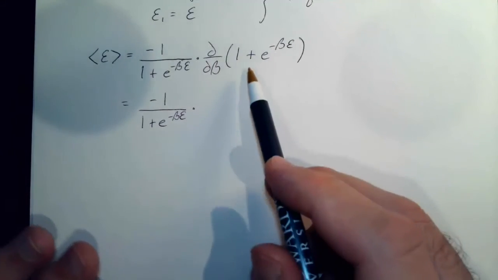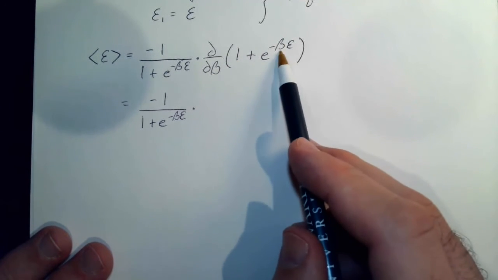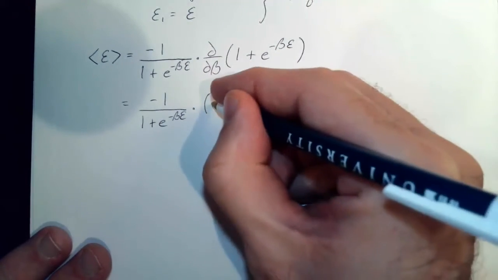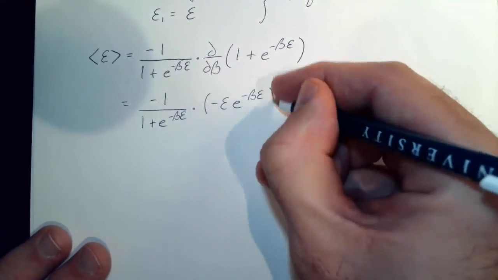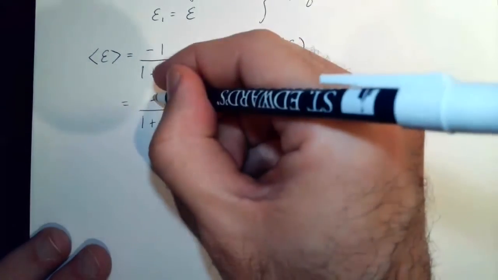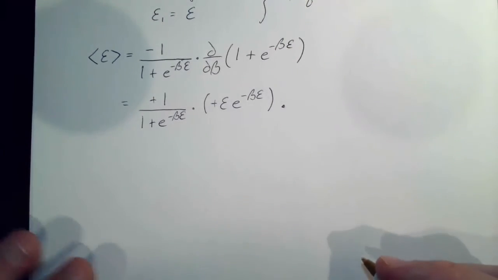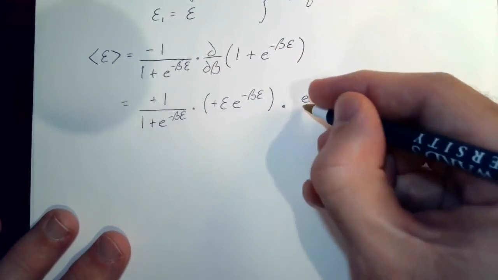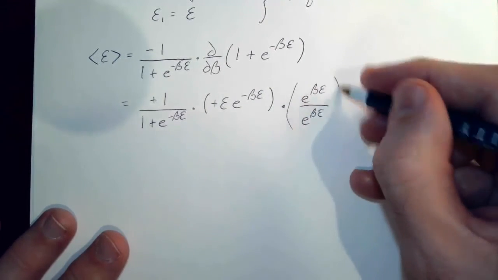All right, let's calculate this derivative. So the derivative of the 1 is just 0. And the derivative of this term with respect to beta is going to pull down a negative epsilon. So I'm going to get negative epsilon e to the minus beta epsilon. And we see that the negative signs are going to cancel here. And now I'm going to simplify this a little bit. I'm going to multiply by e to the beta epsilon over e to the beta epsilon. Okay, so I'm just multiplying by 1.